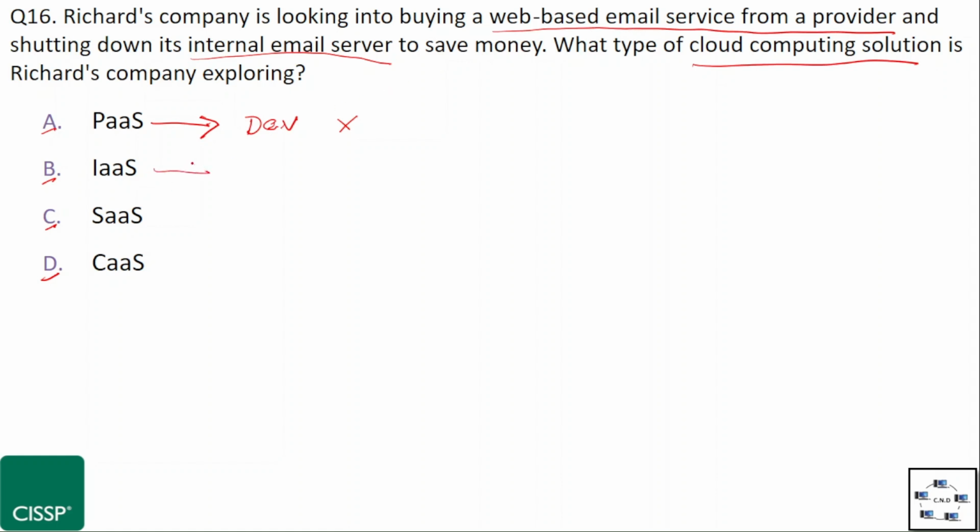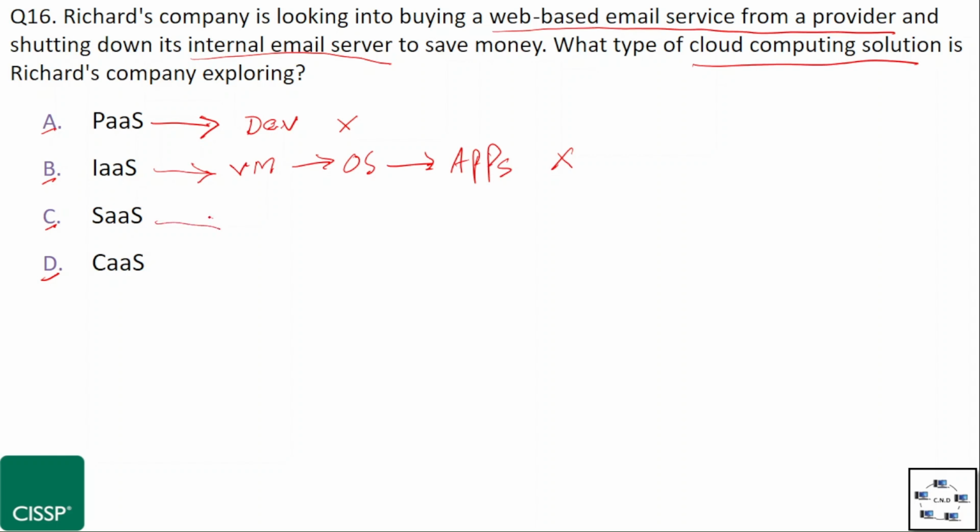Infrastructure as a service gives the user more features and customization. The user is given compute such as VMs, and the user has the ability to install their own operating system, and upon the operating system install their own applications. So again, this option is not relevant because we are talking about a web-based email service from the provider.